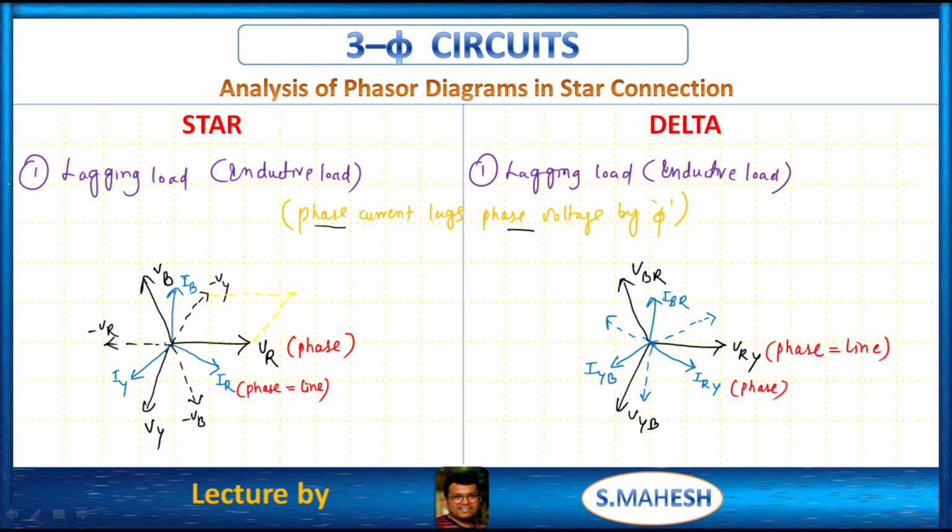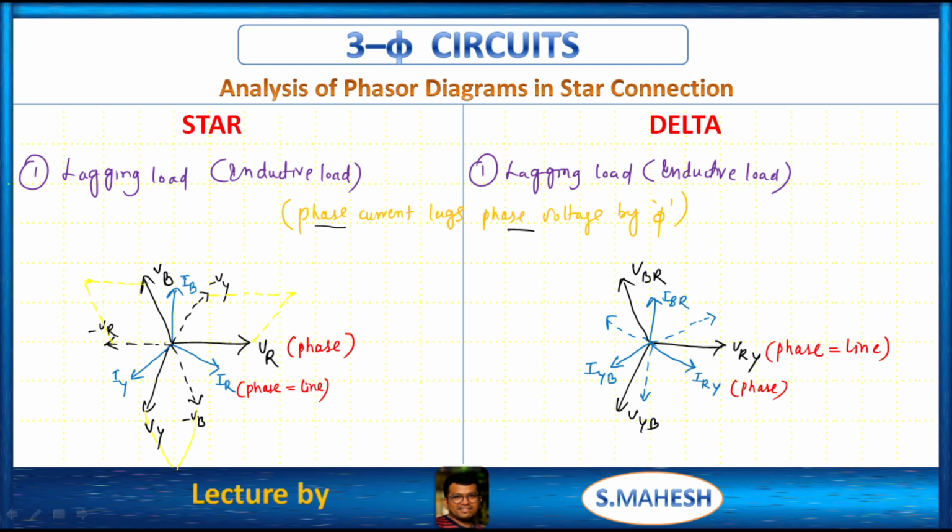To get VYB, like this. To get VBR, parallel to VB, the resultant of these two vectors, that is the meaning. To get line voltage, we have to get the resultant between two phase voltages.